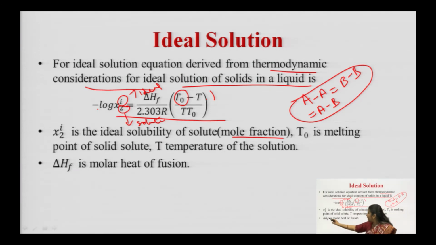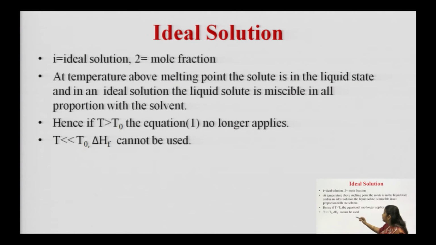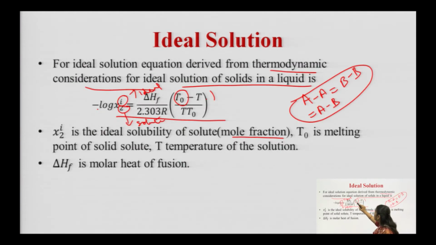Now, this delta Hf represents the molar heat of fusion. Looking at this equation again, if the temperature T is much greater than T0, that means the solute will remain in the molten state, present in the liquid state.